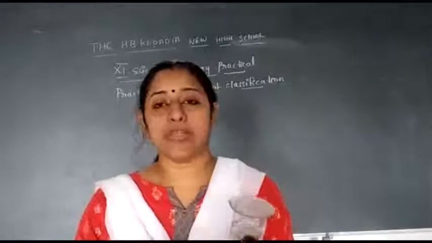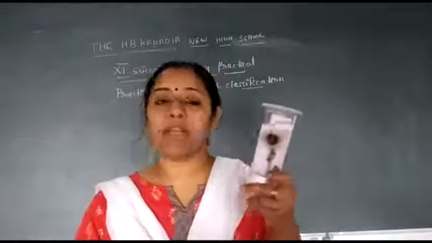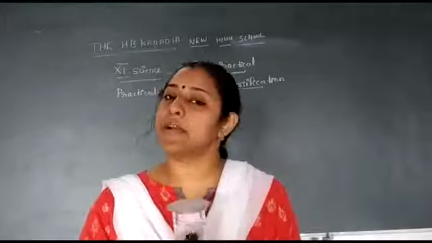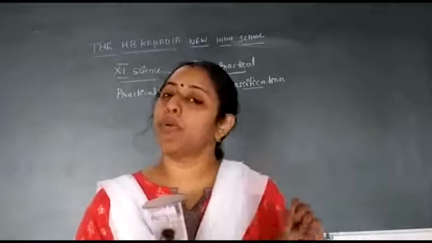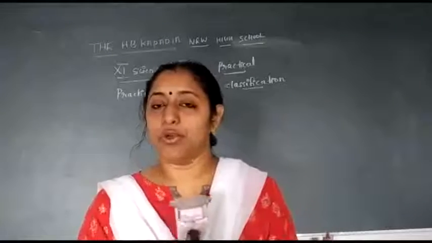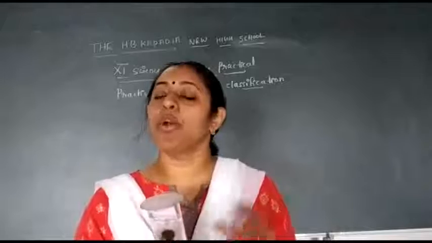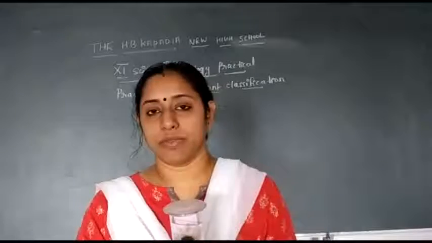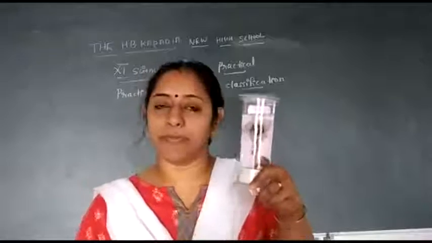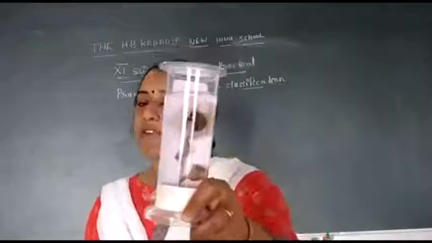A common member of angiosperms that I have taken is the sunflower. Sunflower comes under the dicot group of angiosperms. As angiosperm is a bigger group, it is further divided into monocot and dicot. The sunflower is a member of the dicots. So this is the diagram of the sunflower.